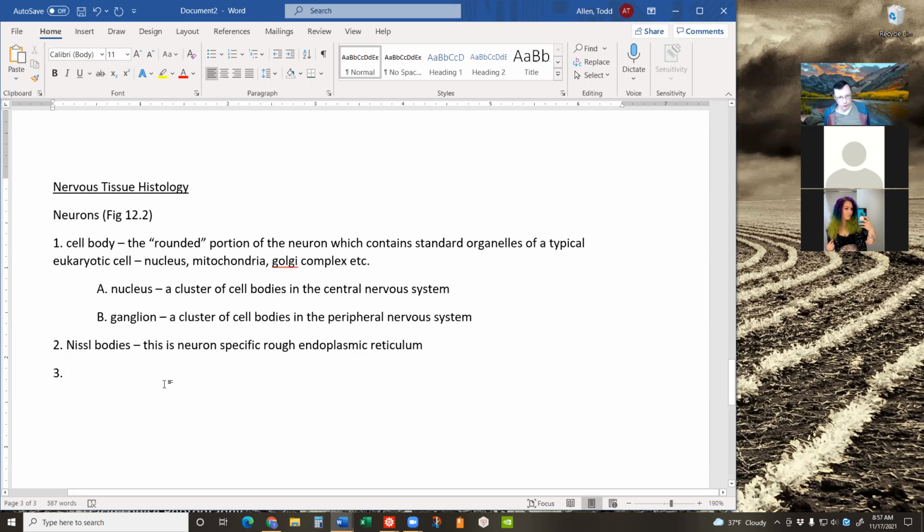Neurofibrils are part of the neuron cytoskeleton. That term is on the right side of the cell body there in figure 12.2. The neurofibrils are made of chains of protein called intermediate filaments.